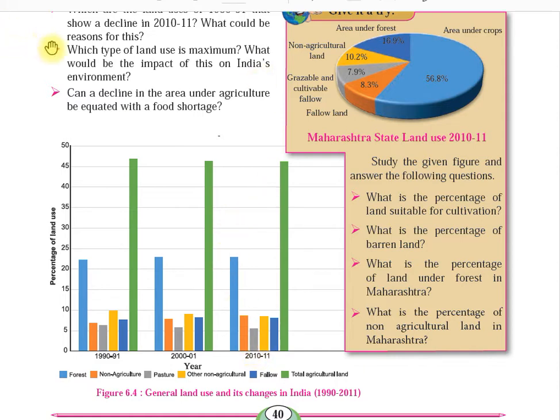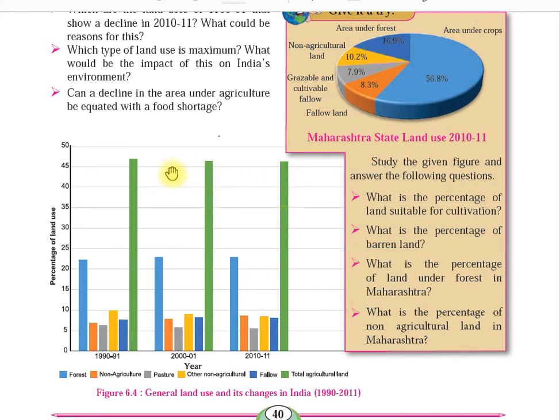Second question. Which type of land use is maximum? What would be the impact of this on India's environment? Total agriculture land use is maximum. See what is being used over here? Agriculture land. Total agriculture land use is maximum, which is shown green in color.